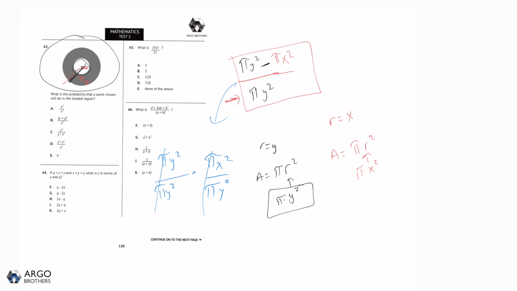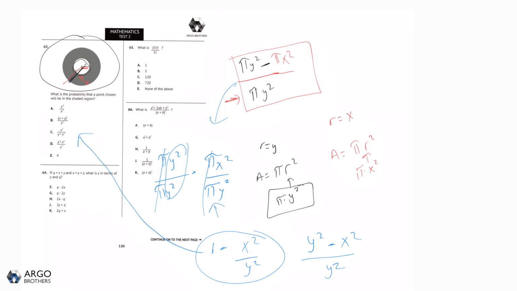I can technically cross out y squared and y squared, and this answer becomes 1 minus x squared over y squared. But if you look very carefully, there's not any answer choice that resembles that, so another way to rewrite this is y squared minus x squared over y squared, which happens to be answer choice D.